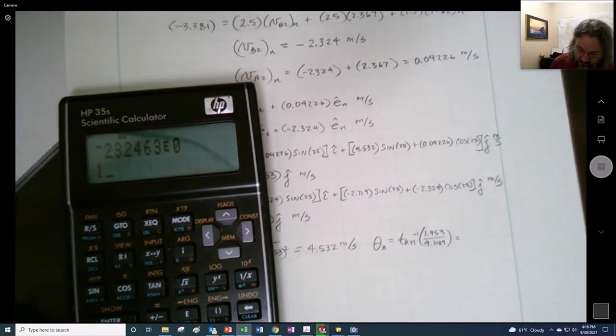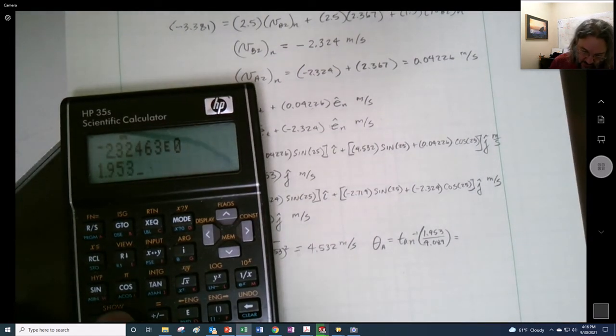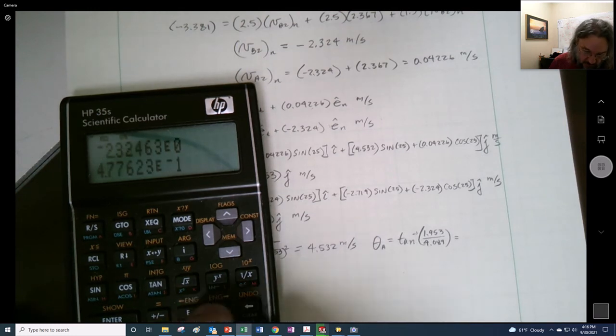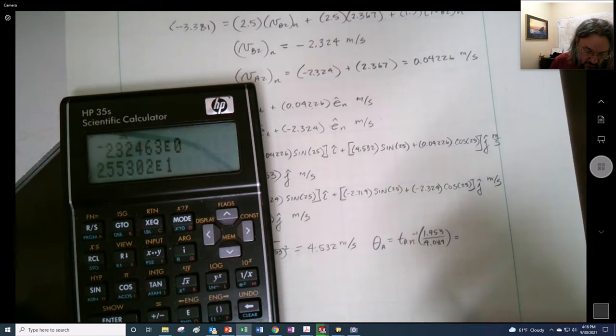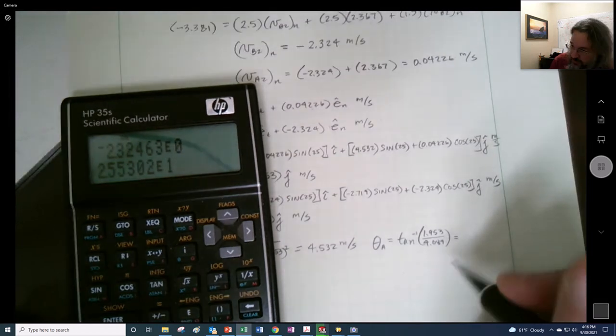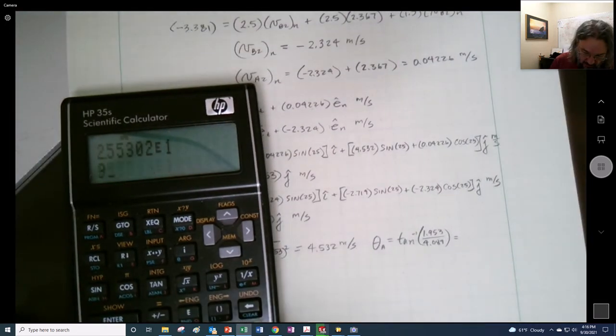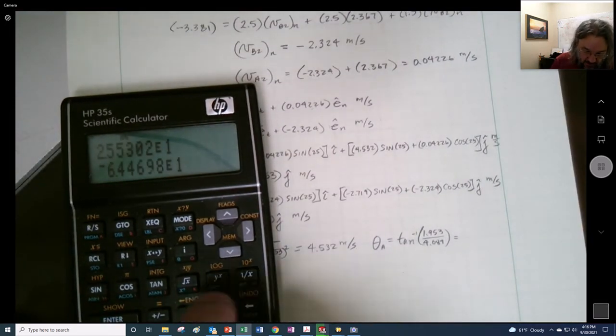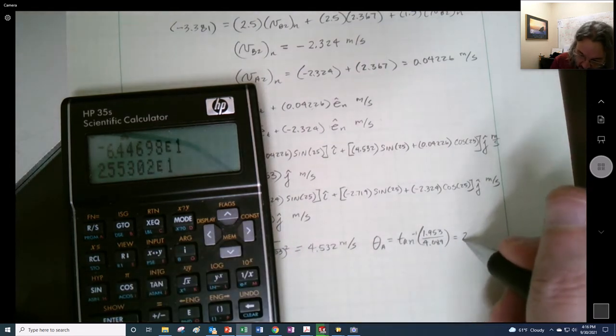Do I do that? 1.953 and 4.089 divided, inverse tan. Boom. No. Why? Oh, I see. Okay. That's because, let's see, if I go 90 minus that.